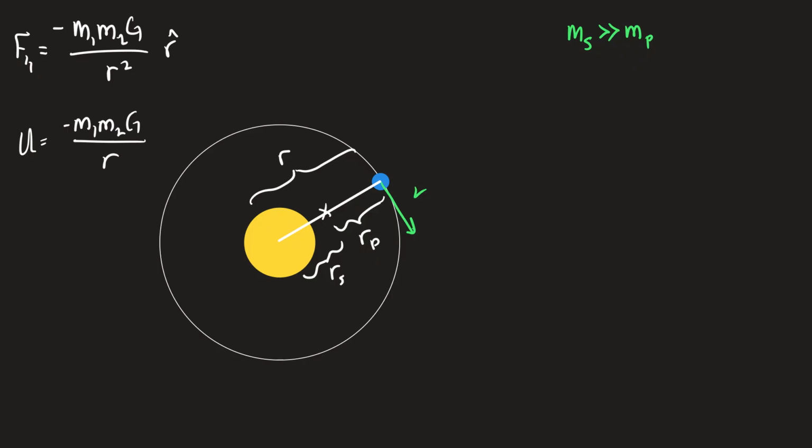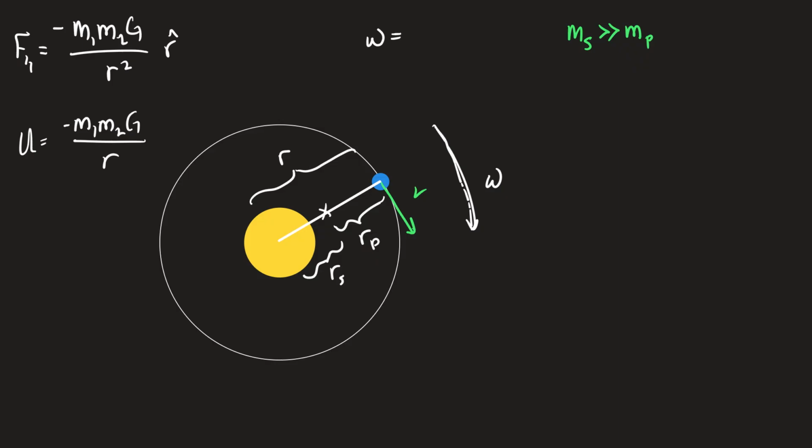So here are some implications of that. First, this system would have an angular speed, omega, that would be the same for both the star and the planet. Everybody got that okay?